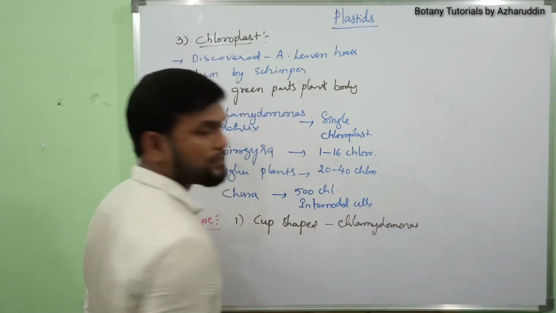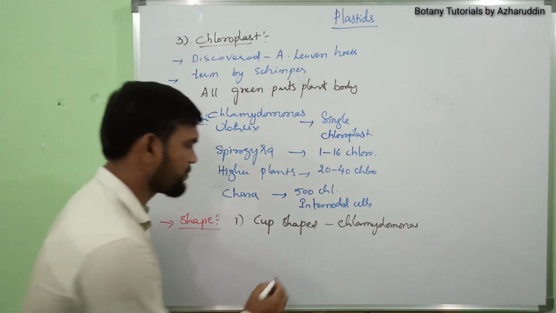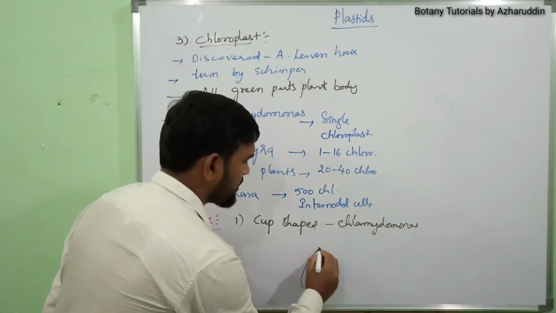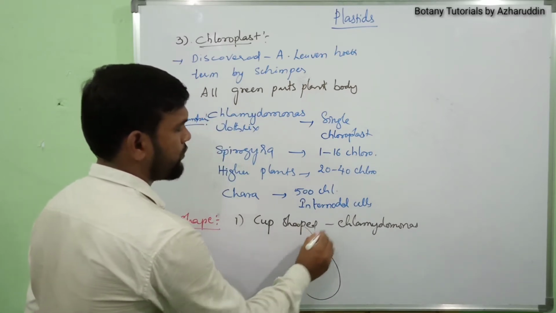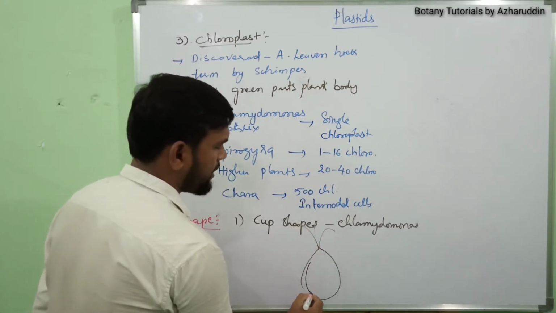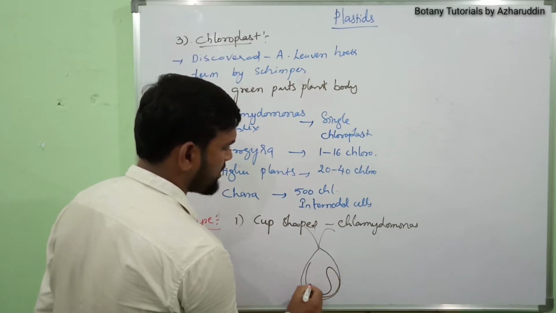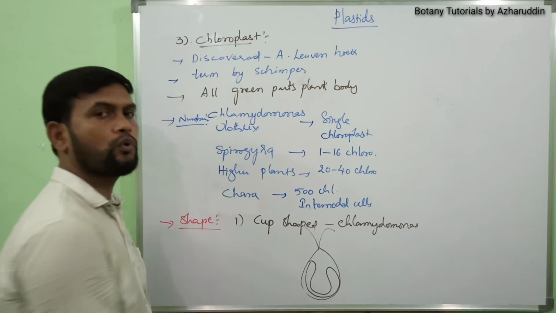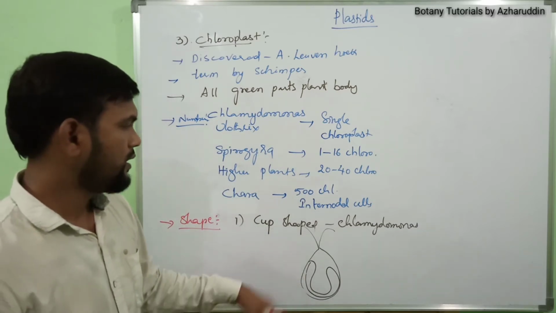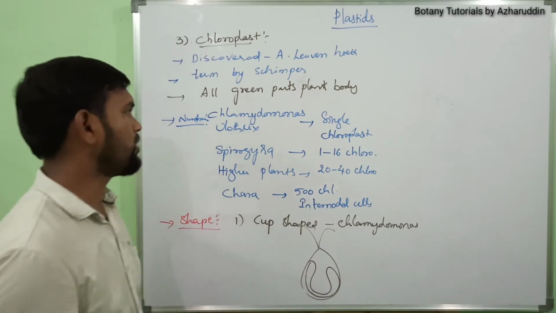It is a single cell with two flagella, and in that there is a cup-shaped chloroplast. Otherwise, it is also called a horseshoe-shaped chloroplast.